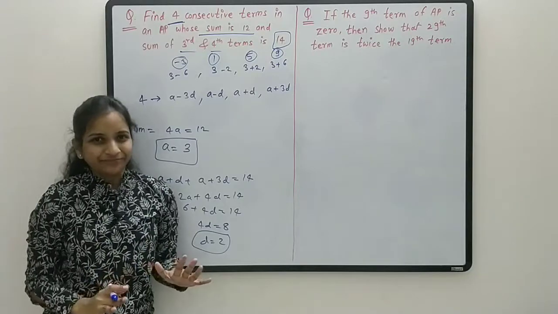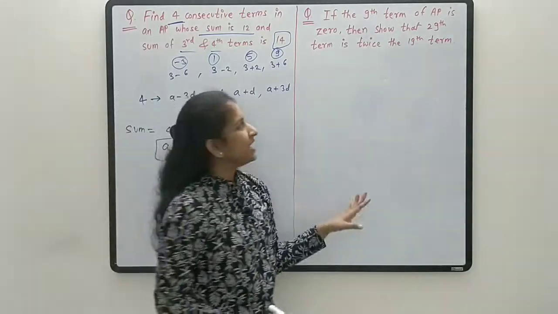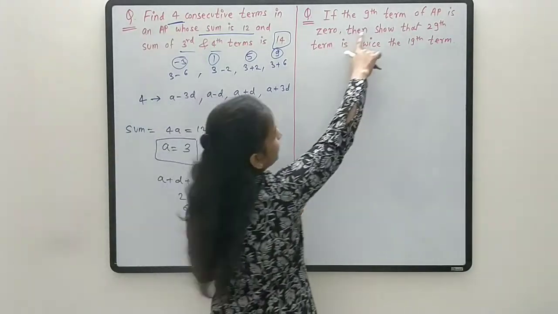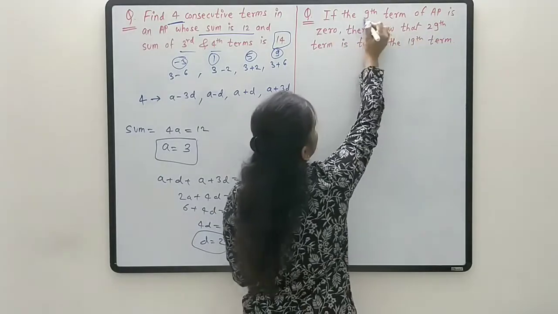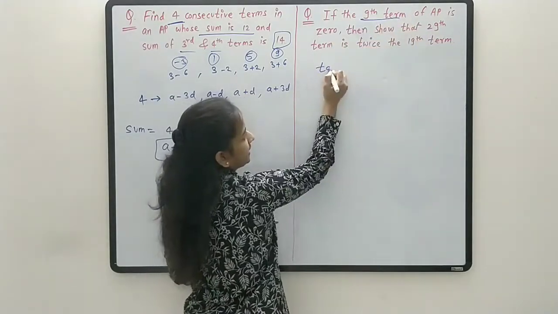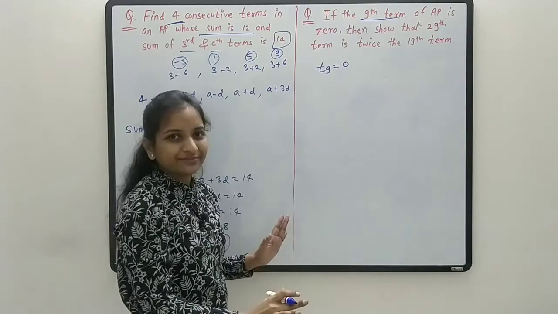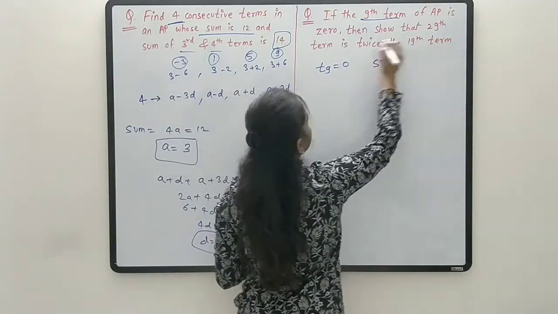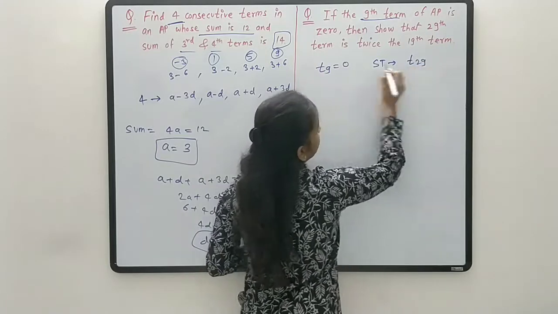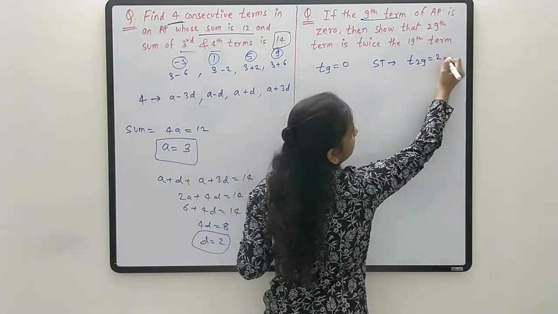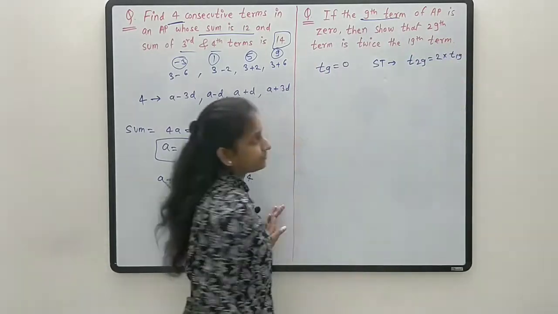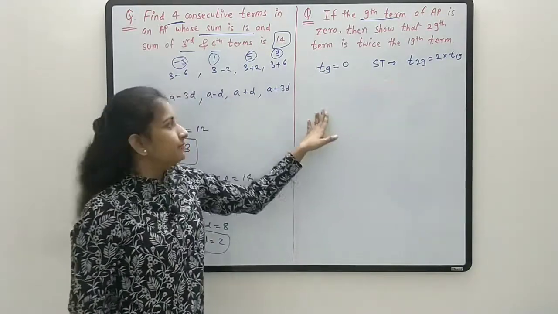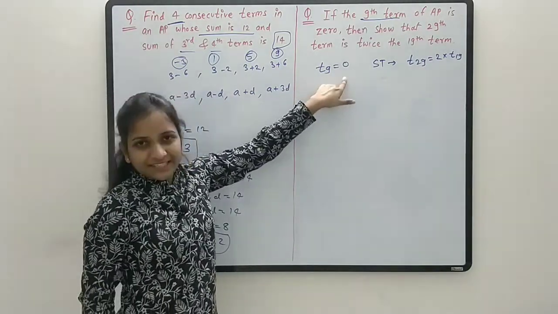Understood? Now let's solve this problem. What is given? If the ninth term of an AP is 0, the ninth term means T9 is 0. Then we have to show that the 29th term is twice the 19th term. The ninth term is 0.